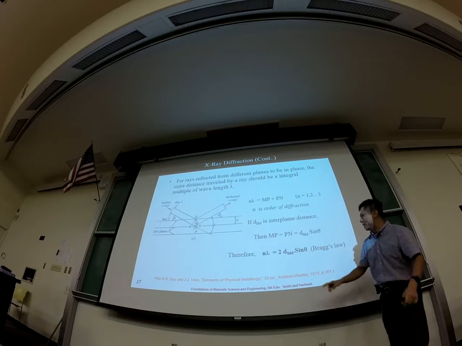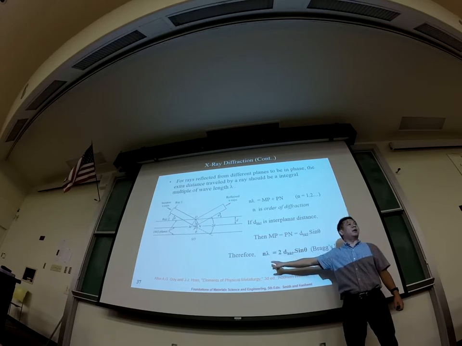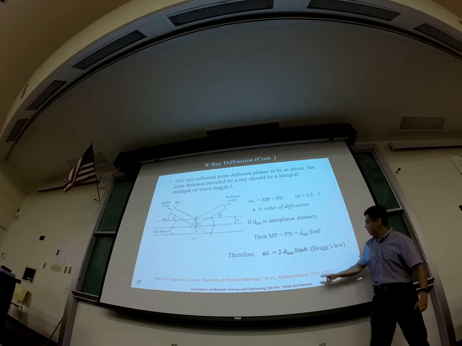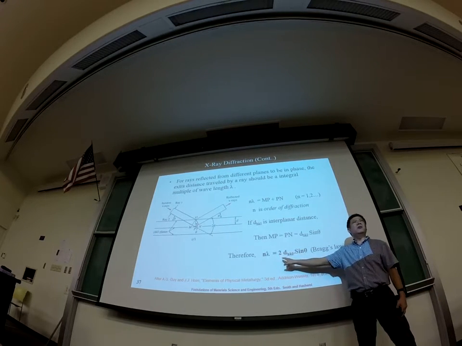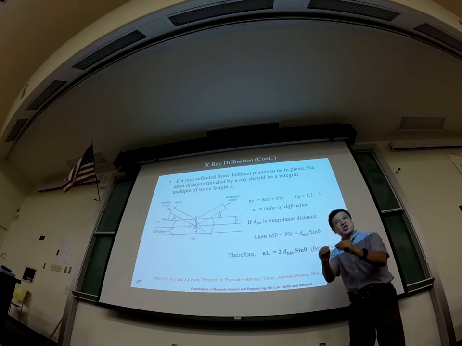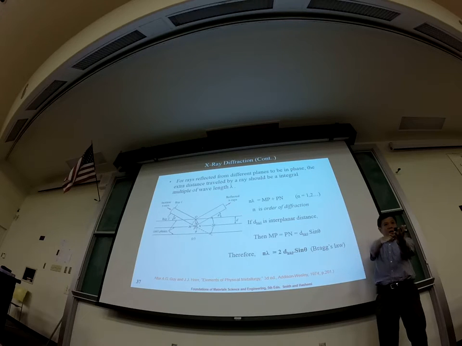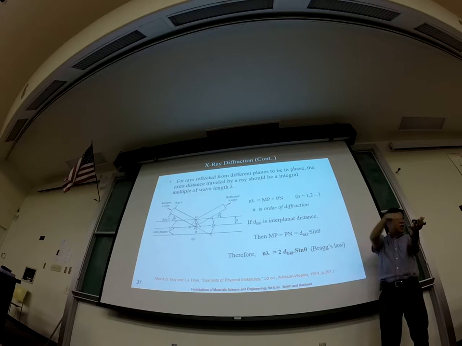So lambda is a fixed number determined by your equipment. dHKL is usually a fixed number if you know the crystal and its orientation. Theta is the angle of incidence, right?